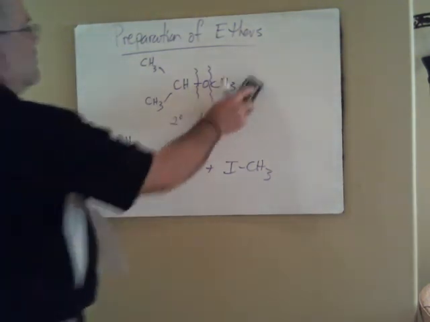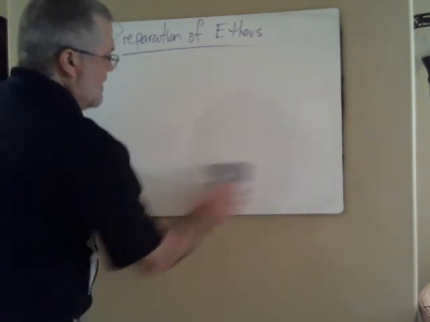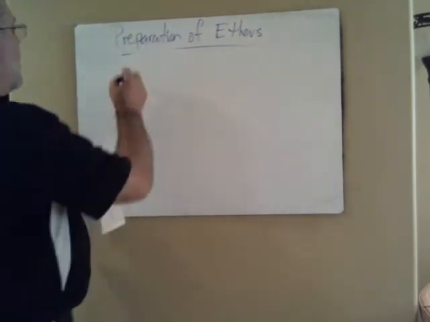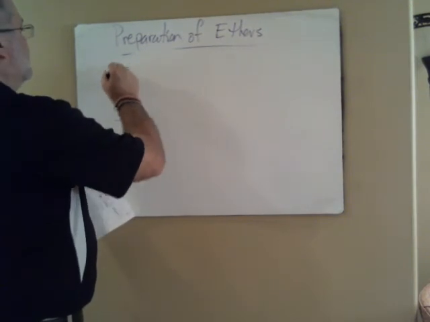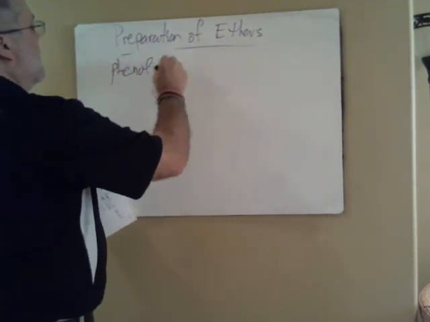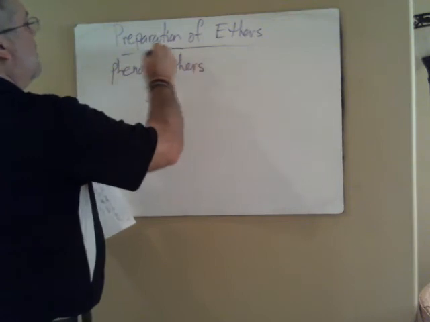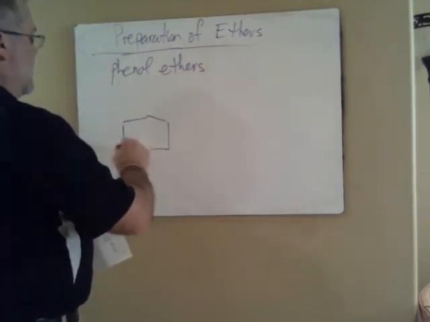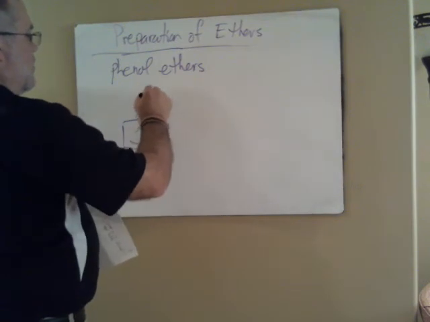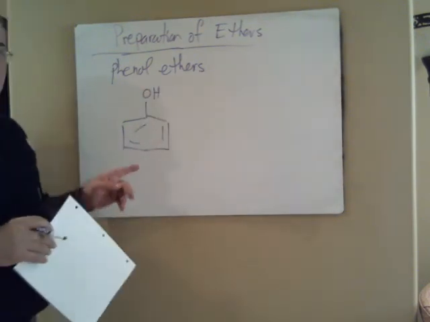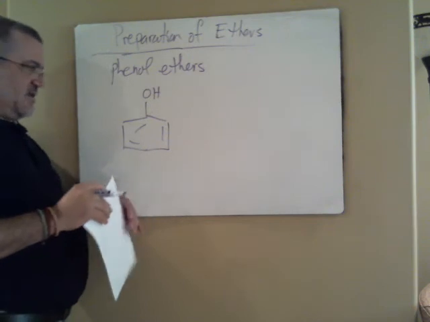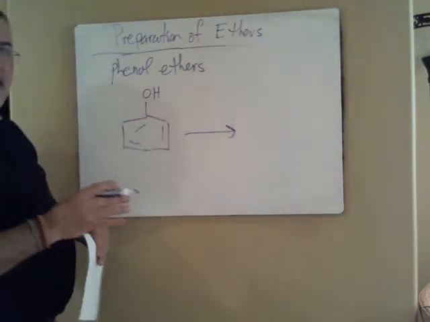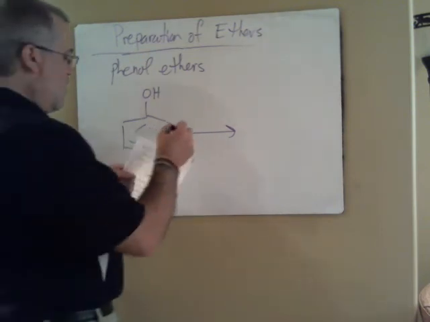Another way of doing the Williamson that's a little bit different, and that is using a phenol. So let's say making phenol ethers. The reactivity is a little different, but not much. A phenol, remember, was one of those things we said is a little different than an alcohol in its reactivity. But we can take phenols and make ethers in a pretty straightforward fashion.